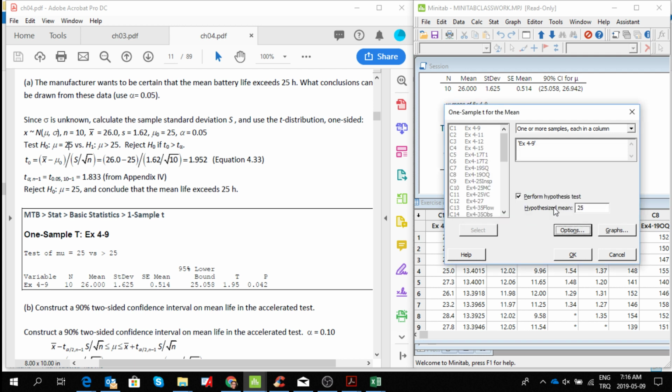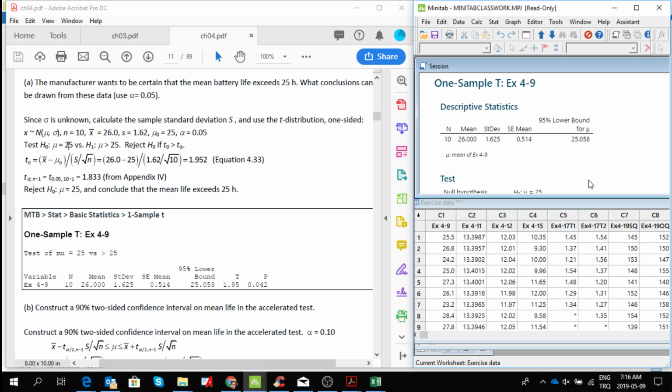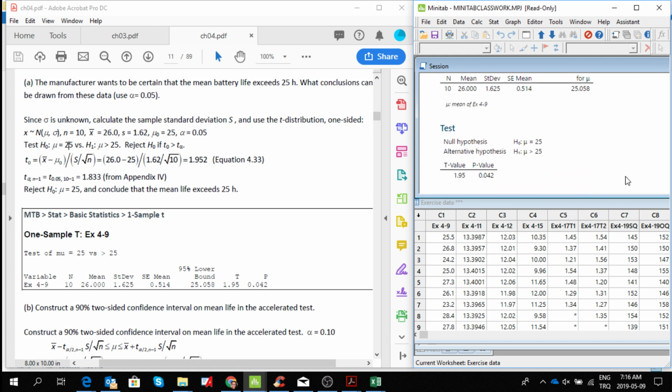And we click OK. And graphs, we are not interested in graphs, so we click OK and we get the result. So in this result, we have exactly the same table we got here. We have an extra 95% lower bound, which is 25.058. We have it here too. And then the test results, the test is in here, okay?